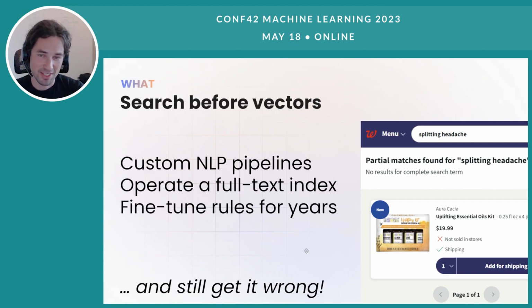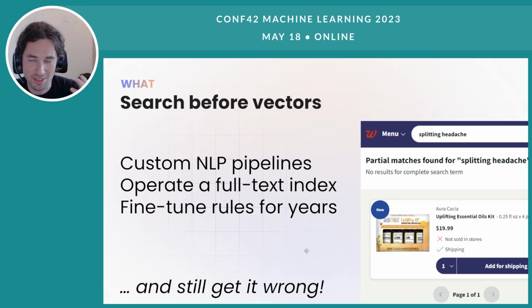And then finally, these types of systems are very much fine-tuned by hand, right? Observing queries that you haven't seen before, trying to figure out how to tweak your keyword-based rules to get good results. And this has been happening for decades, and the outcome is that it still kind of doesn't really work that well.